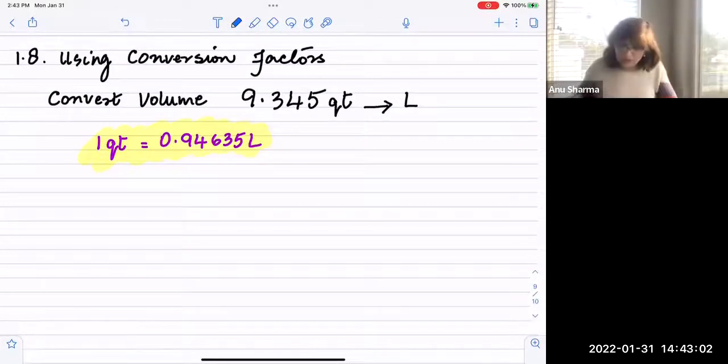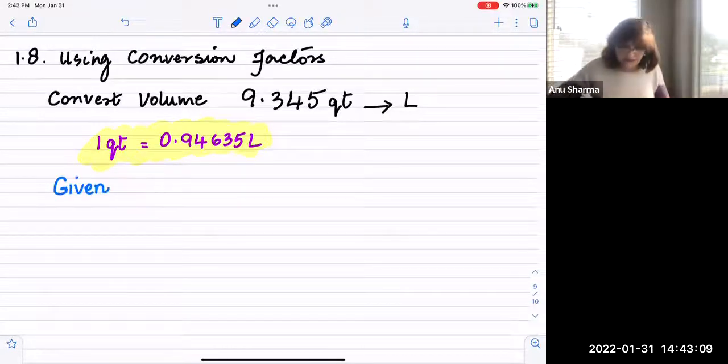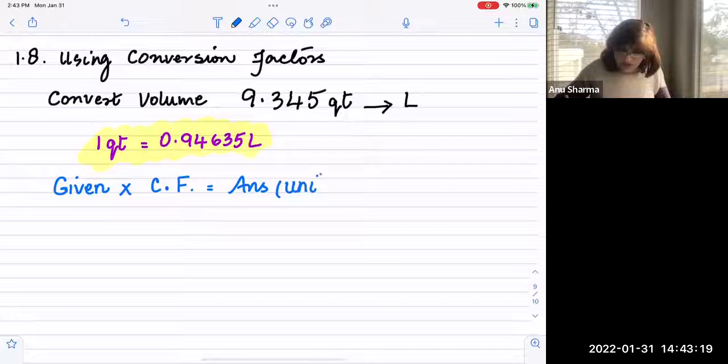So how do we do that? We will be given whatever entity with the given units, then you multiply with the conversion factor. That is going to be your answer, and your answer will have the units that you want. Your given units are going to cancel out.